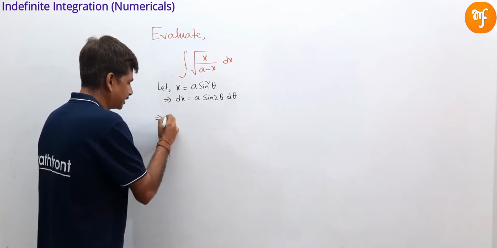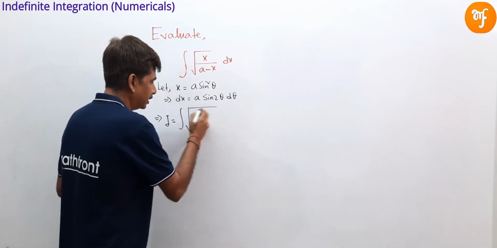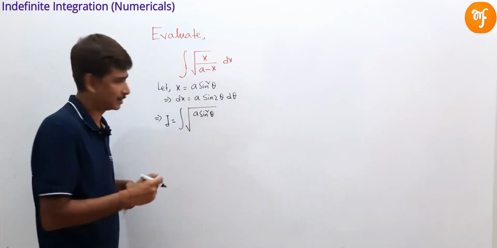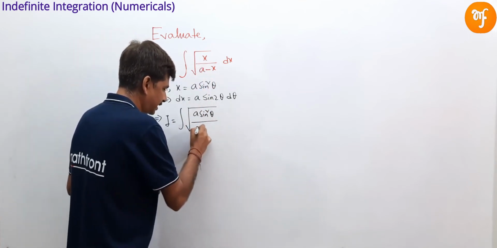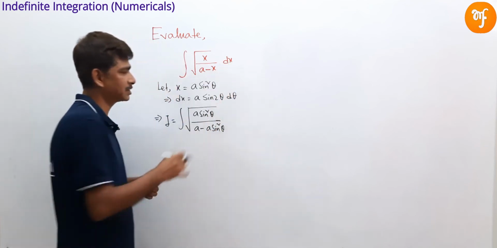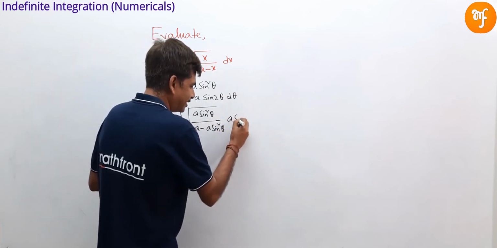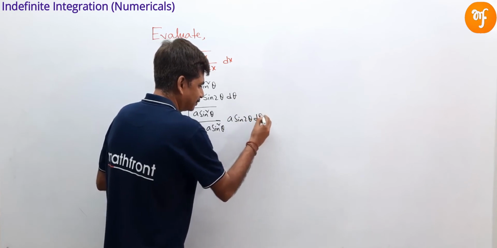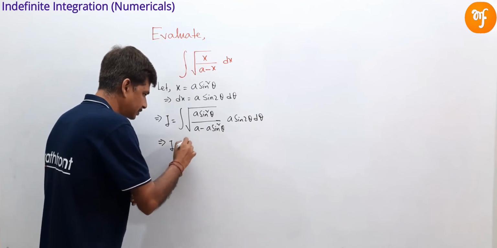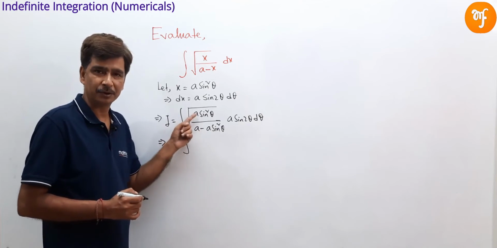So the integration becomes I is equal to integration of square root of a sin square theta. Instead of x, just we will put a sin square theta, divided by a minus a sin square theta, and instead of dx we will put a sin 2 theta d theta. Okay. So this is a sin 2 theta d theta. Clear? So simplifying more, I is equal to integration of, here a and a will be cancelled from both numerator and denominator.